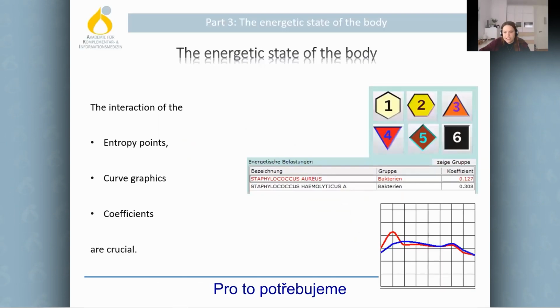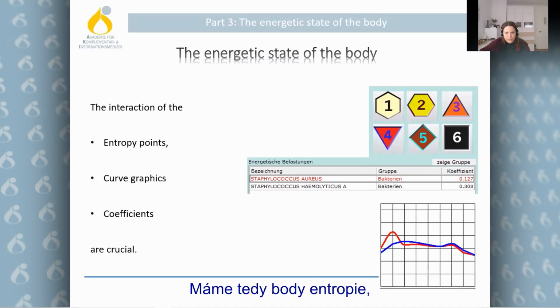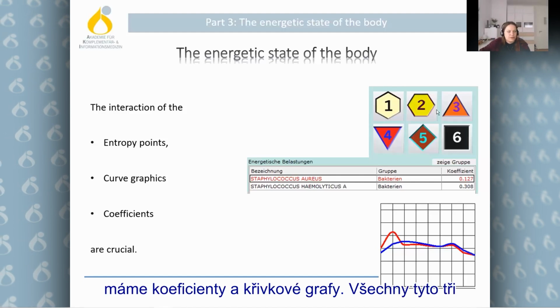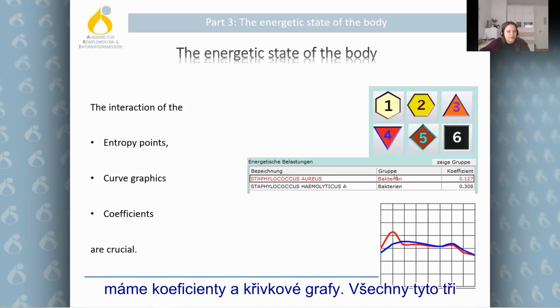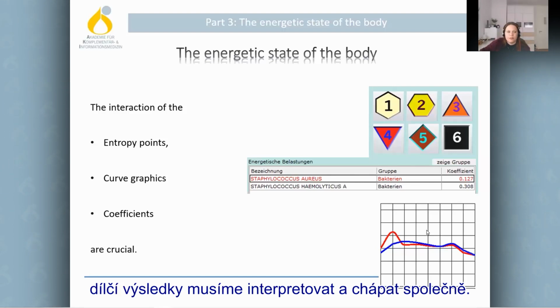And for this we need the 3 most important pieces of information we can get from the system. We have these entropy points, we have these coefficients and we have these graphs, and all three must be put together to get a good interpretation.